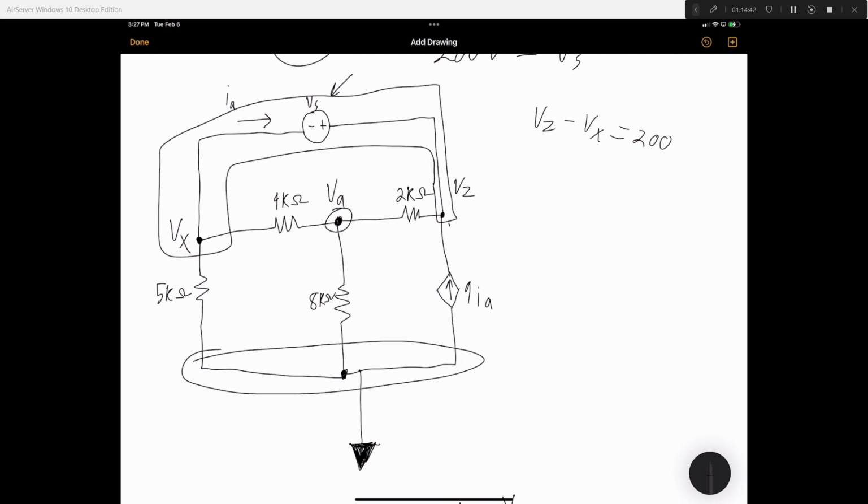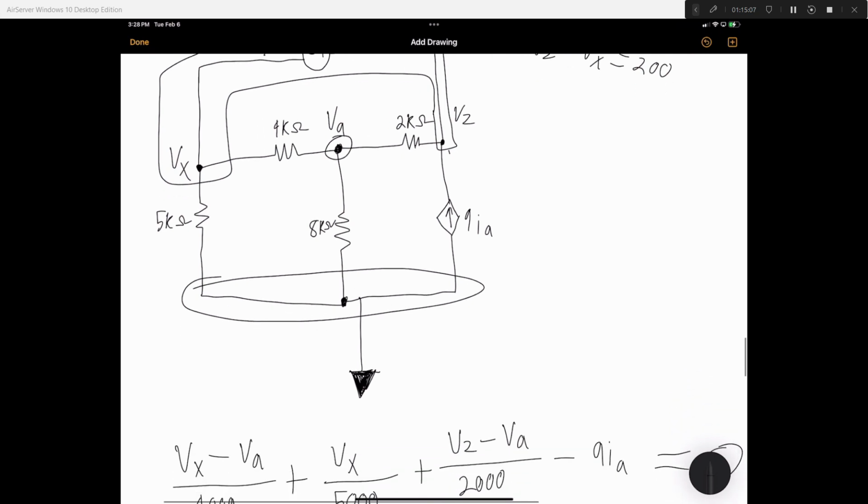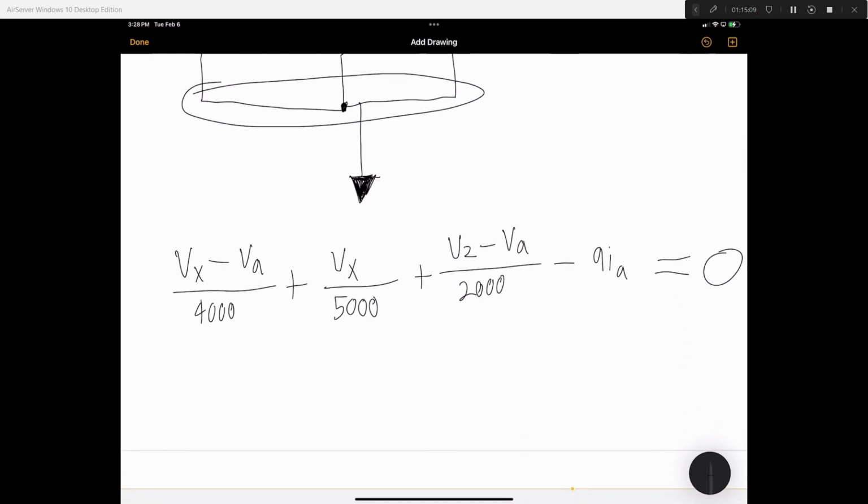Because if you go from V sub Z to V sub X, you do the node, they're equal to 200. Do note this statement is true. Let me plug this in.